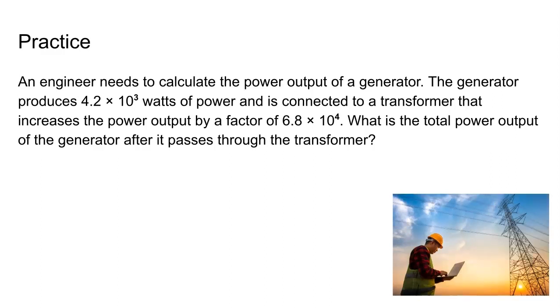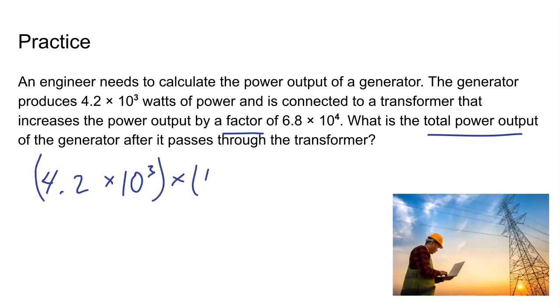In this case, you need to find the total power output of the generator after it passes through the transformer. But in this case, you need to multiply instead of adding, because the power output is being increased by a factor. So you would do 4.2 times 10 cubed times 6.8 times 10 to the 4th.